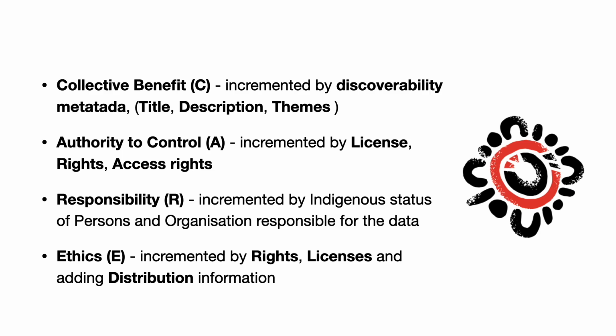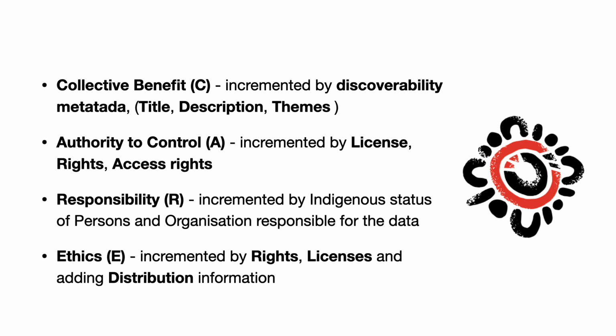R is for responsibility. Those working with Indigenous data have a responsibility to share how those data are used to support Indigenous people's self-determination and collective benefit. By indicating the Indigenous status of persons and organisations that own or manage the resource, the responsibility score will be incremented.